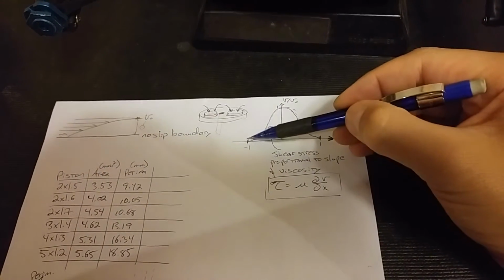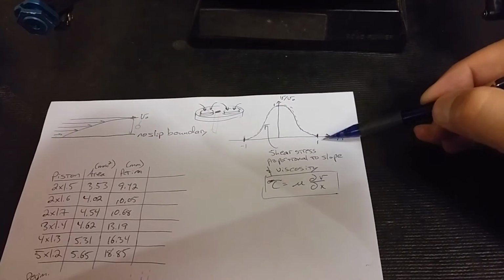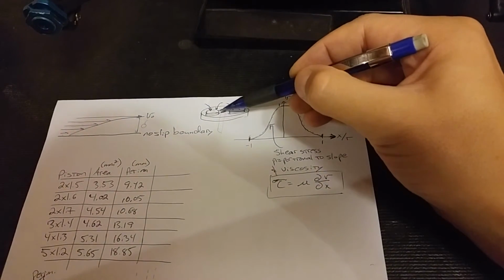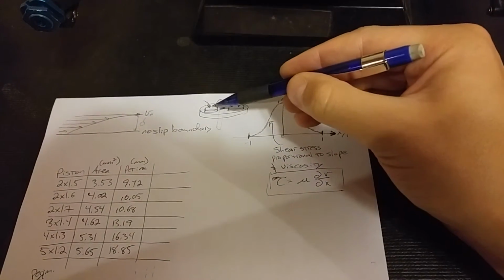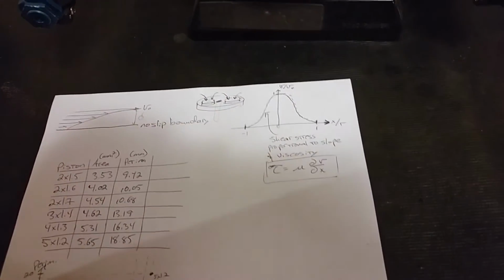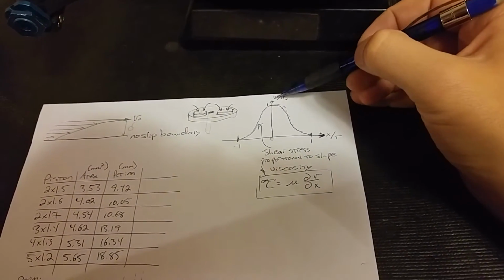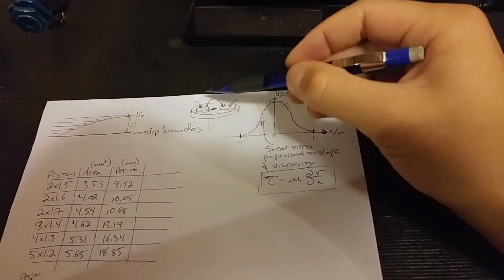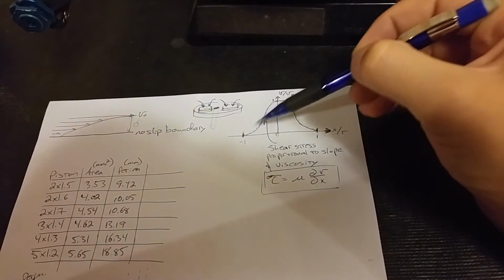So at -1, we're over this edge of the piston hole, and at +1, we're over this edge, and at 0, we're right in the middle of the piston hole. If you were to plot the normalized velocity of the fluid moving through this piston hole, it would look something like a bell-shaped curve.